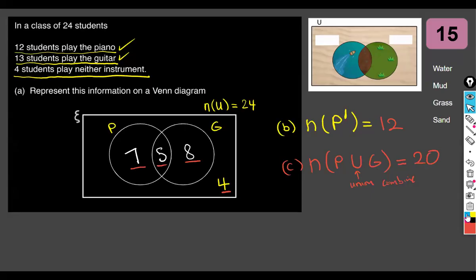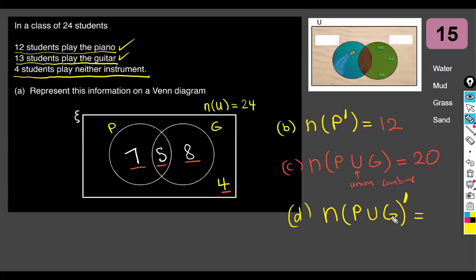One last question on this, and I know you're all getting tired. If I ask you the same question, P union G, but outside the brackets, I put the complement. Remember, if you put the complement outside the brackets, they're asking you for the opposite of everything in the brackets.